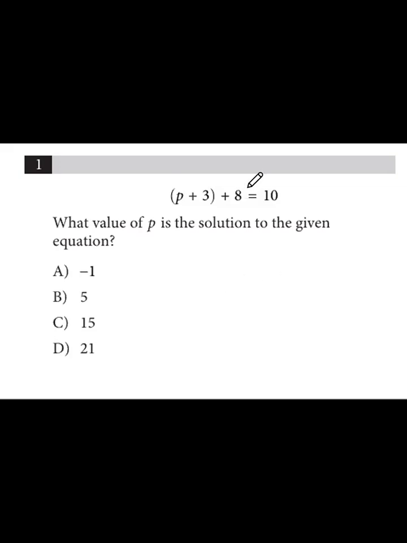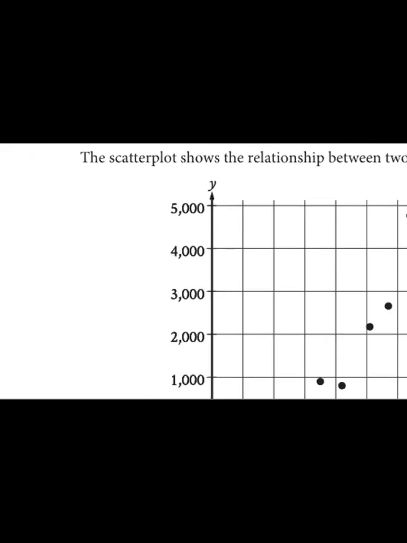P equals 3 plus 8 equals 10. So that's the same thing as saying P plus 11 equals 10. Subtract 11 from both sides, and get P equals -1. Answer is A. Okay, question two.